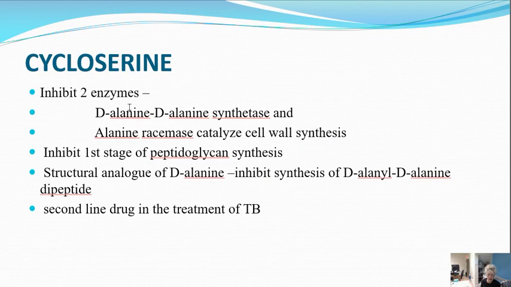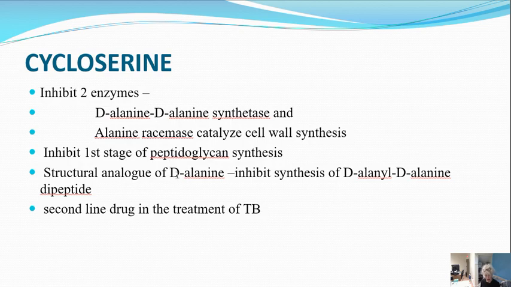Cycloserine inhibits two enzymes, D-alanine synthetase and alanine racemase. Racemic drugs are basically those drugs whose chirality can change. It inhibits the first stage of peptidoglycan synthesis.